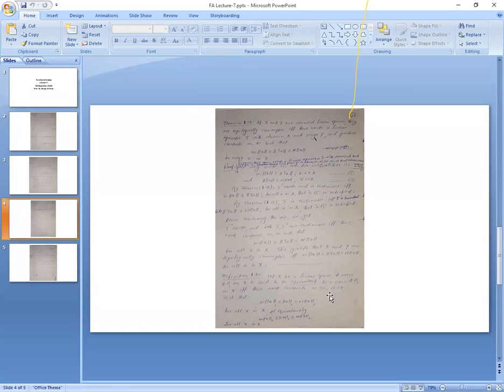By definition, if norm 1 and norm 2 are two norms on the same linear space X, then norm 1 is equivalent to norm 2 if and only if there exist two positive constants small m and capital M such that small m times norm 1, दो नाम हमने डिफाइन किए हुए, multiplying norm 1 with small m, is less than equal to norm 2, and then norm 2 is less than equal to capital M norm 1. Small m, capital M are two positive constants.